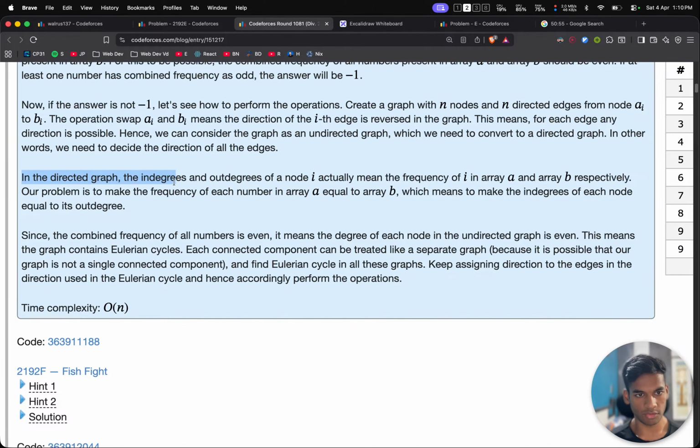In the directed graph, the in degree and out degree of a node I actually mean the frequency of I in array A and array B respectively.